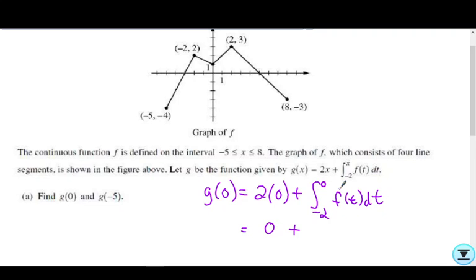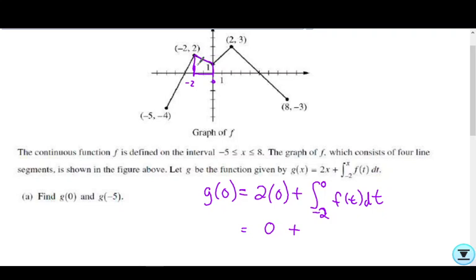Remember, the integral is nothing more than area. So we need to find the area from -2 to 0 under my function f. Here's -2, here's 0. We're finding this area right here.